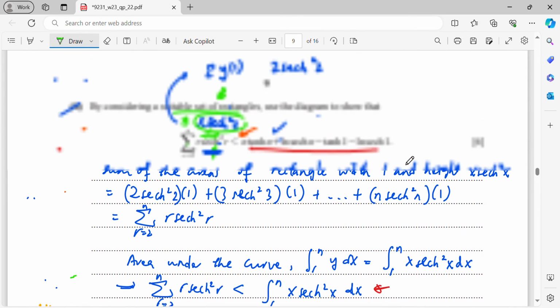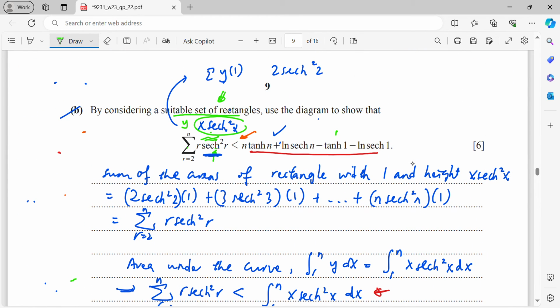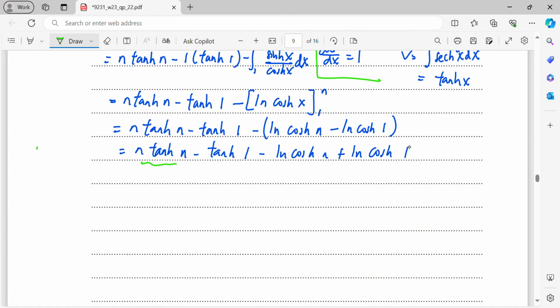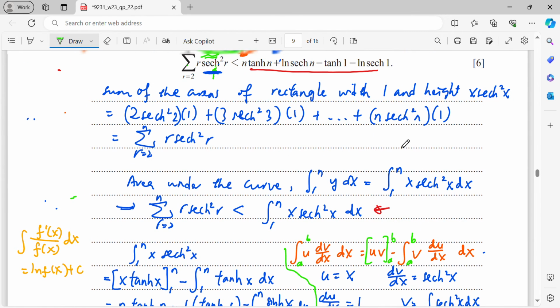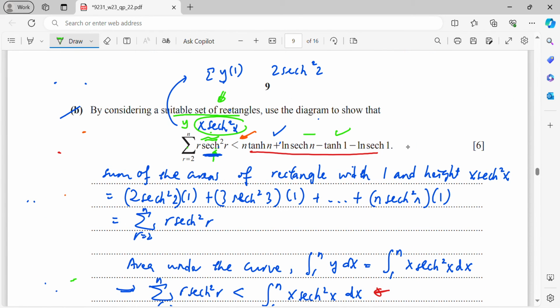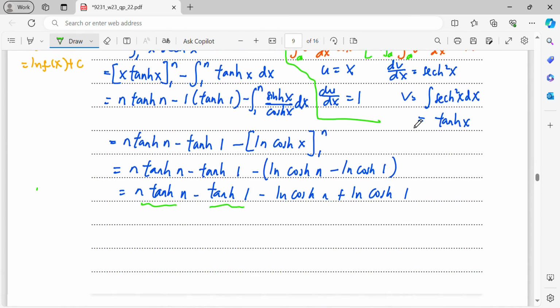And then I have minus tangent 1, okay, done. But then I need plus ln hyperbolic secant n and minus ln hyperbolic secant 1. But right now I'm getting cos.